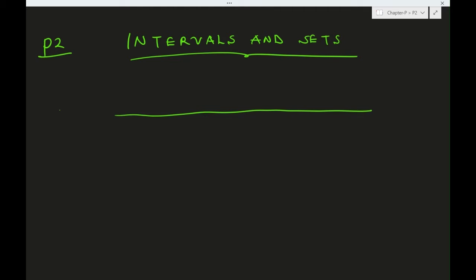Here this is 0, here we can have 1, 2, 3, 4 continuously. This is minus 1, minus 2, minus 3, minus 4. So all of these are real numbers.